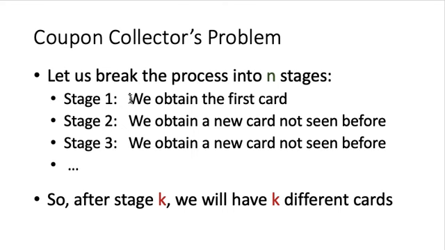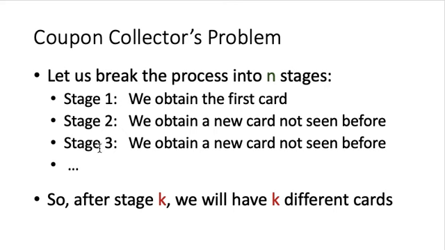In the first stage, we focus on getting the first card. That's easy: we draw a card and we get the first card. In stage 2, our target is to obtain a card that we have not seen before, so the collection has 2 distinct cards. We draw until we get a distinct card.